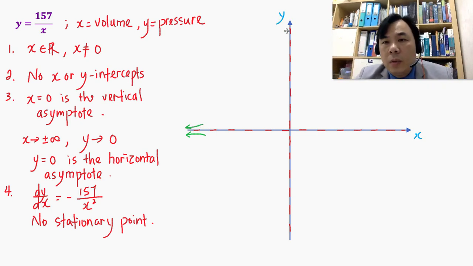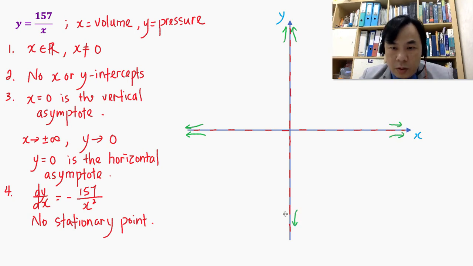As for the vertical asymptote, it could be approaching this way, or this way. The same goes for this section. Now you can see that there are eight possibilities here, but we're going to narrow them down so that we can draw the graph easily.